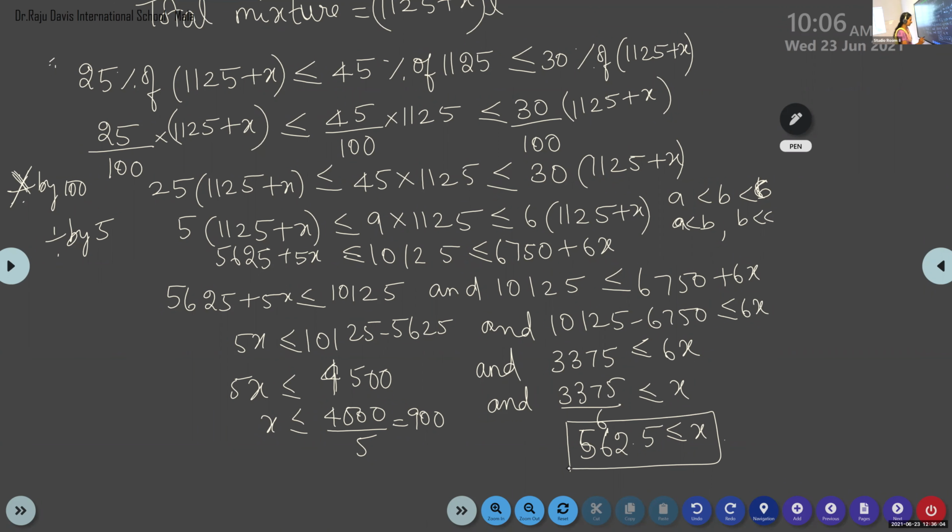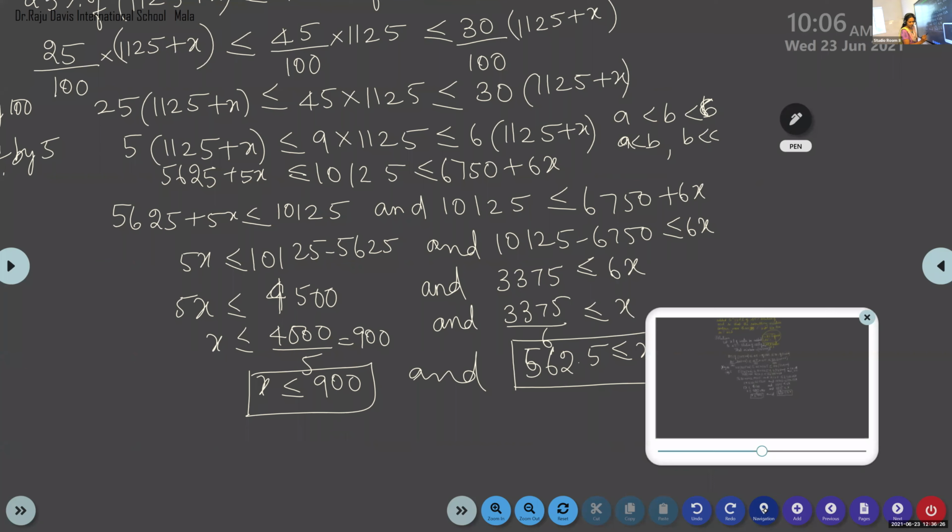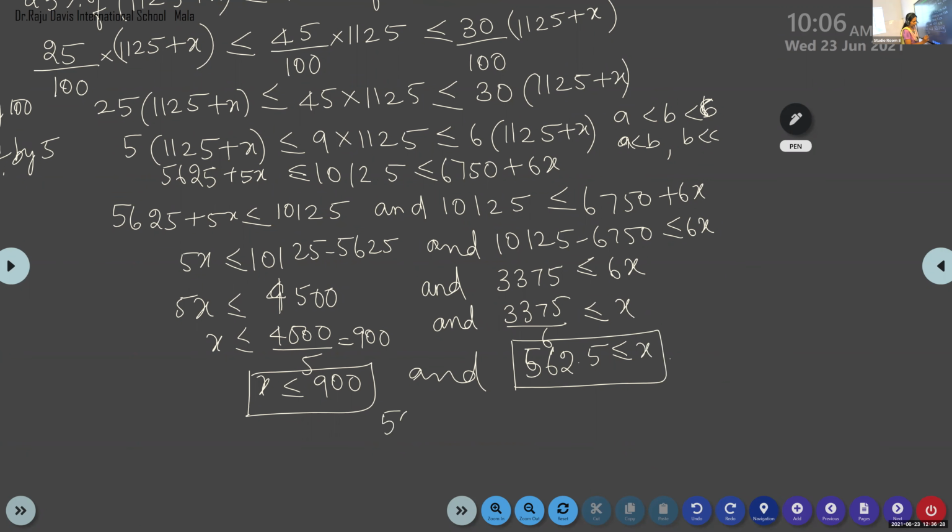Are you getting like this? x is less than or equal to 900 and 562.5 is less than or equal to x. Okay. So combining these two, what can we say? We can say that 562.5 is less than or equal to x less than or equal to 900.